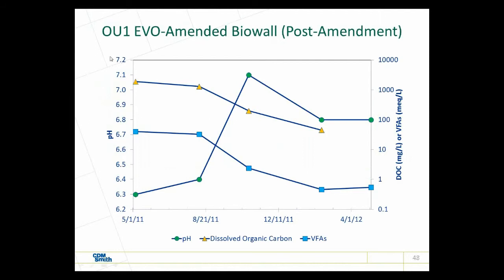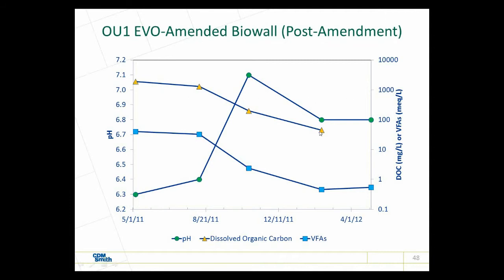Well, so we know that sulfide was important, and we know the sulfate was important. But what caused that OU1 EVO amended biowall to change over time? Well, we added all these electron donors in the form of lactic acid and emulsified vegetable oil, and of course we saw very high dissolved organic carbon, over 1,000 ppm.